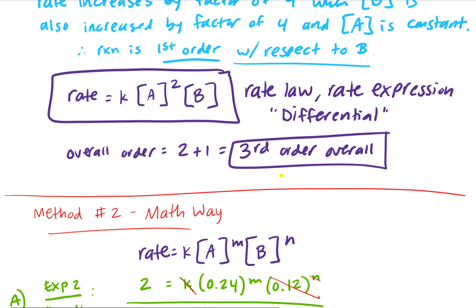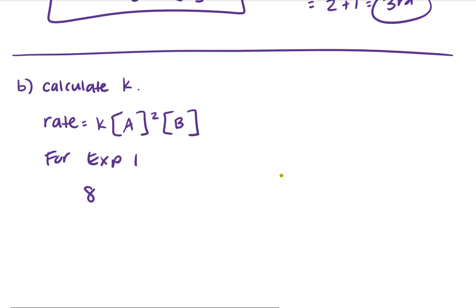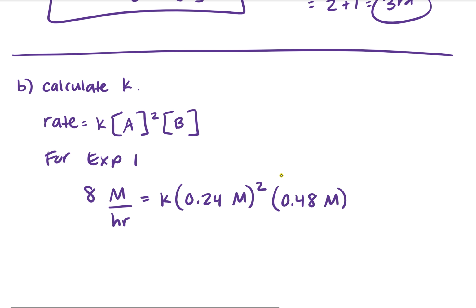So 8 molar per hour is equal to k times the concentration of A for experiment number 1, which is 0.24 molar squared, times B, 0.48 molar to the first.